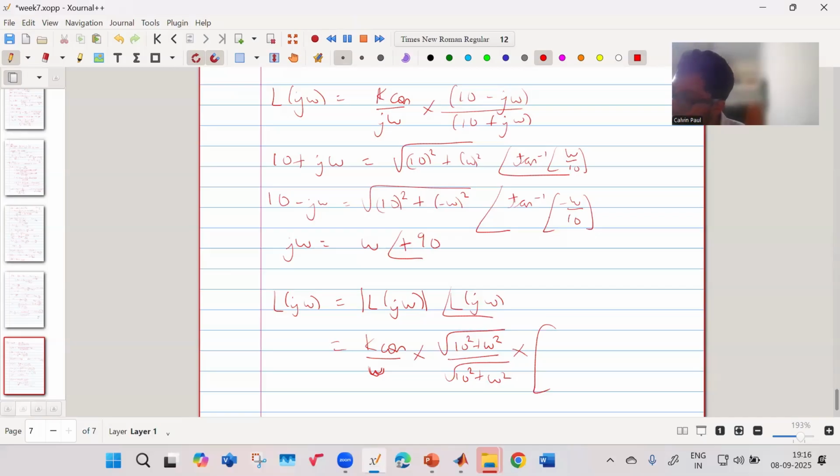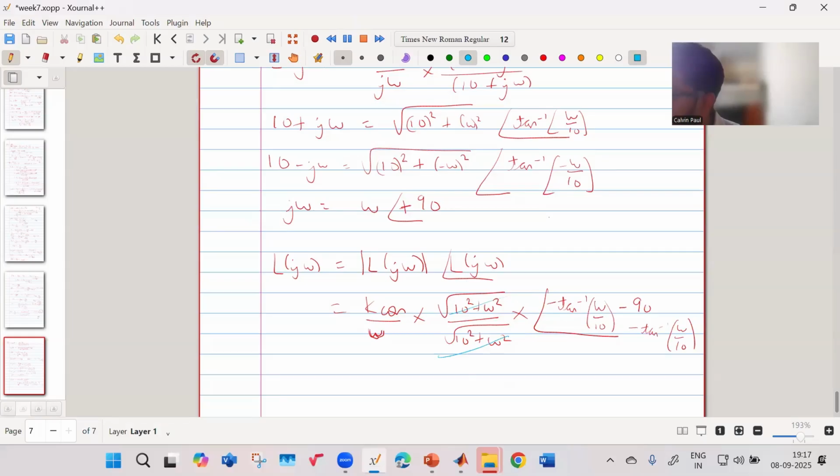It is not exactly multiplication, it would be written as angle. Okay, so that is equal to what? 10 minus j omega, that is tan inverse of minus omega by 10, that we can write as minus tan inverse of omega by 10. Now j omega is in the denominator, so it becomes minus 90. And again, this is in the denominator, so it becomes minus tan inverse of omega by 10.